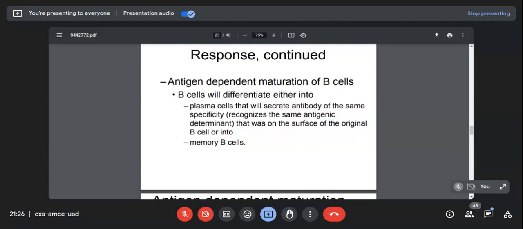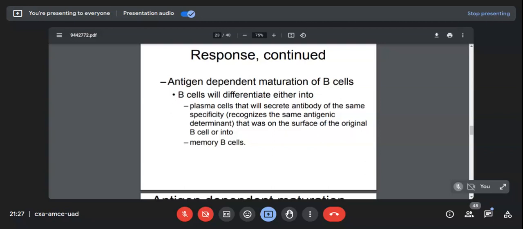When they get to meet an antigen, the B cells can develop into plasma cells. And plasma cells are a particular type of B cells that secrete antibodies. Take note of that. So B cells can differentiate into plasma cells or memory B cells.